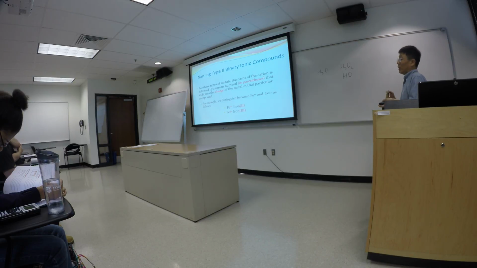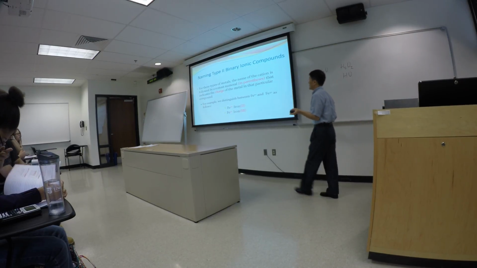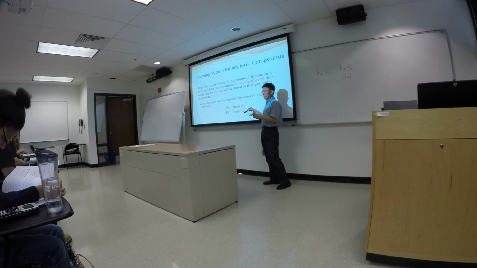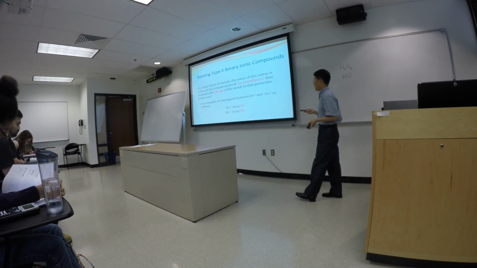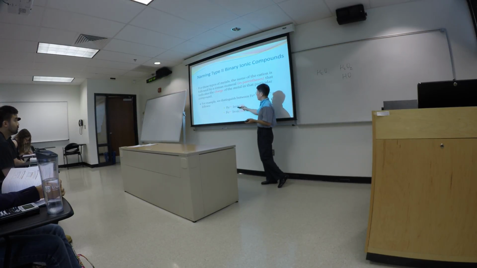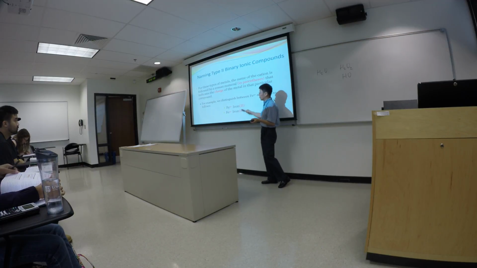Now, for the type 2 binary compounds, that is, the ionic compounds that involve a transition metal, the Roman numeral is important. You have to include the Roman numeral. For iron 2+ versus iron 3+, the current IUPAC nomenclature requires you to put the number in.